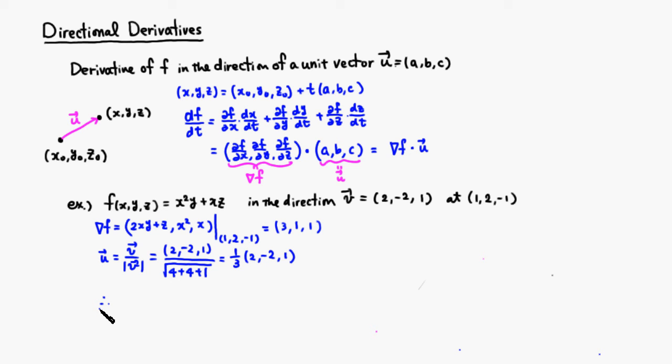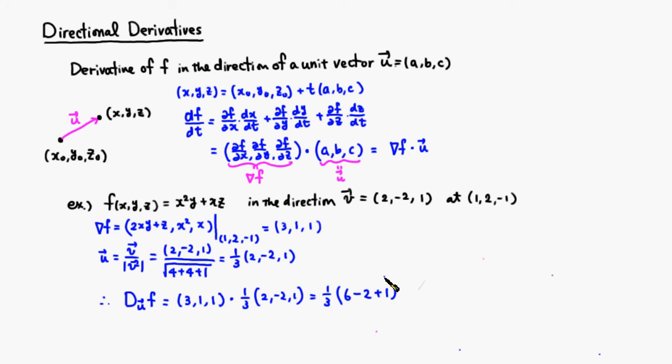if you want to find the directional derivative, I'll use this notation: the derivative in the direction of u of f. That's going to be 3, 1, 1 dot product with 1/3 times 2, negative 2, 1. So 1/3 is pulled out, 3 times 2 is 6, plus 1 times negative 2 is minus 2, and 1 times 1 is 1.